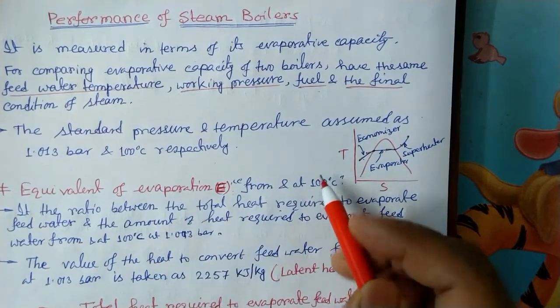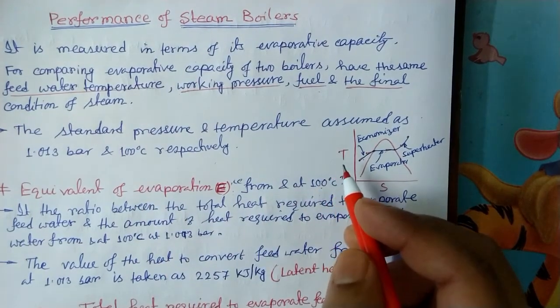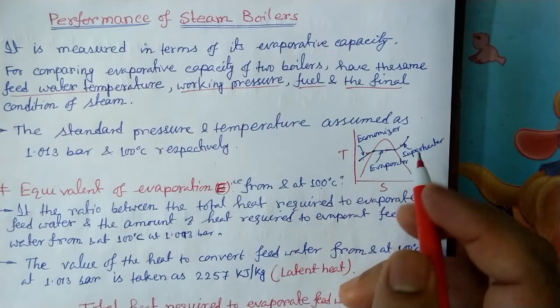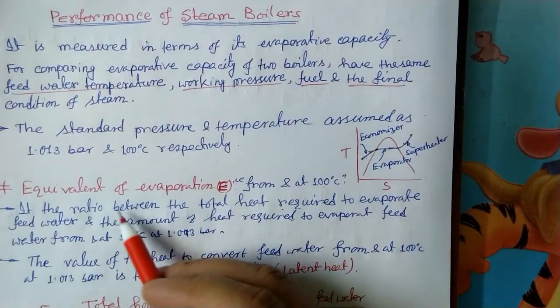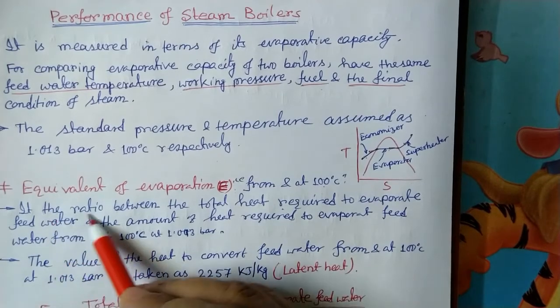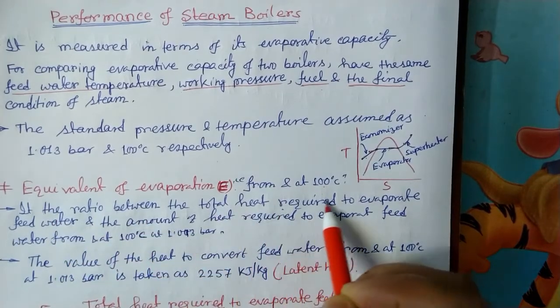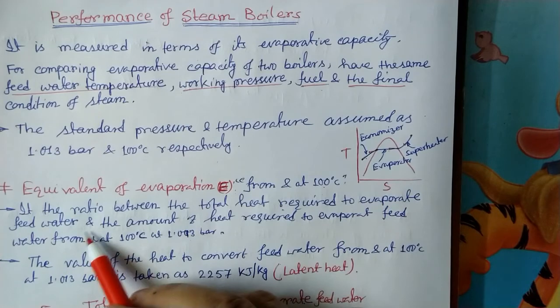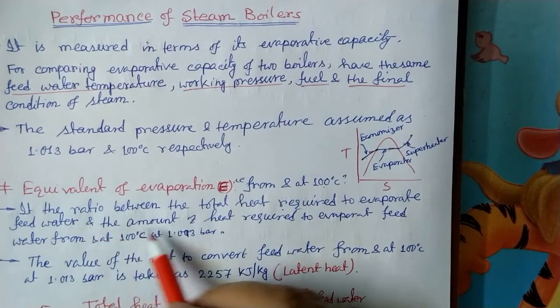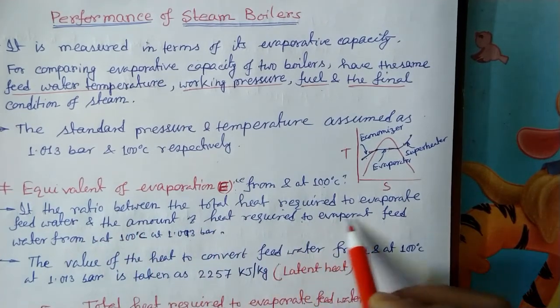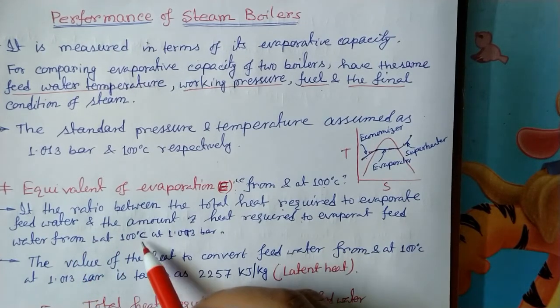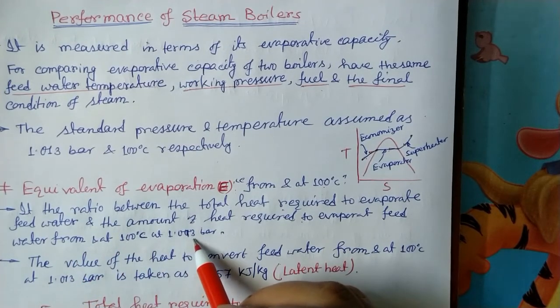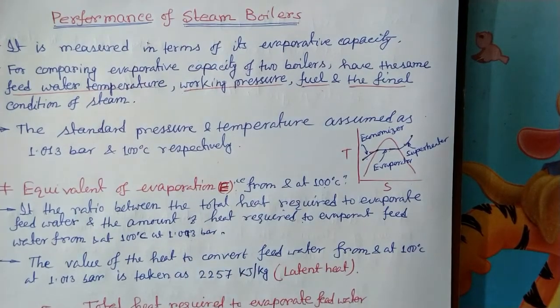Let's see how to define it. It is the ratio between the total heat required to evaporate feed water and the amount of heat required to evaporate feed water from and at 100 degrees centigrade at 1.013 bar, meaning 1 atmospheric pressure.